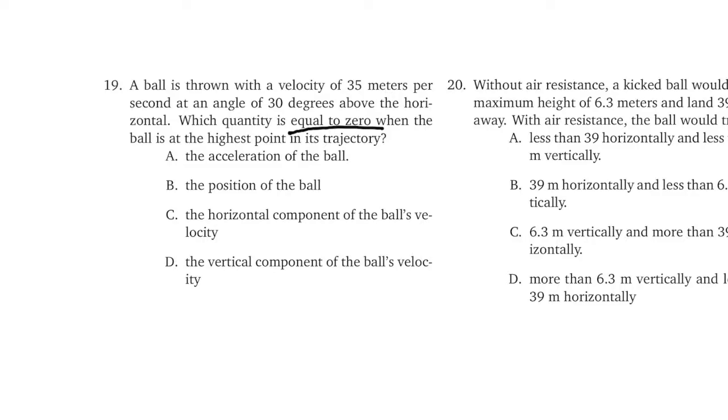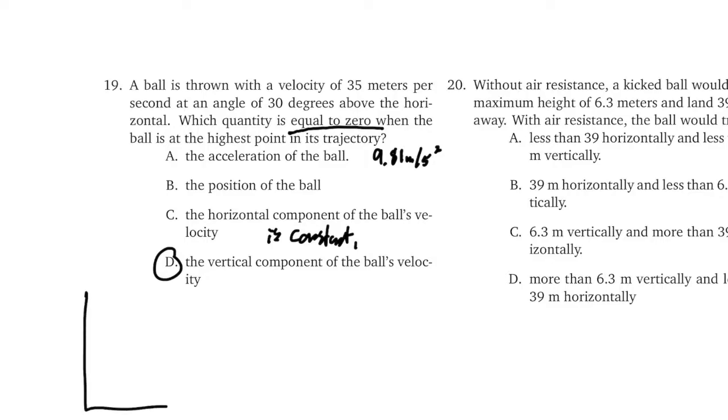The only thing that will be equal to 0 is the vertical component of the ball's velocity. The acceleration of the ball is always 9.81 meters per second squared. The position of the ball at its highest point, kind of like by definition, isn't going to be equal to 0. The horizontal component is constant, so in this case, it's equal to some number.